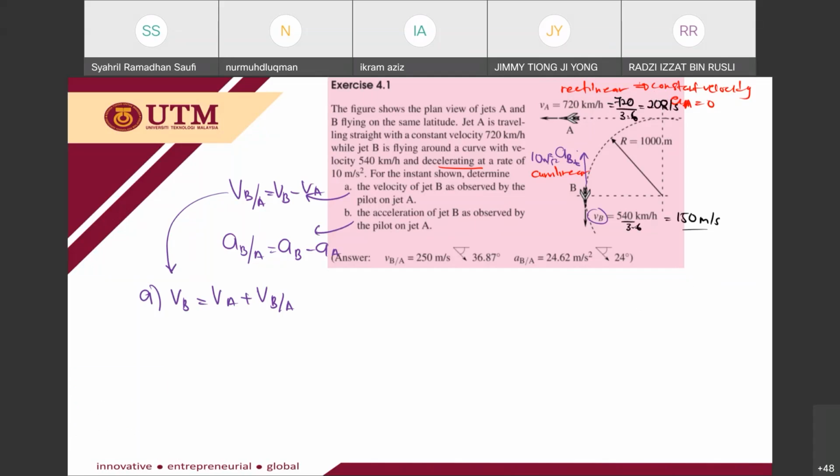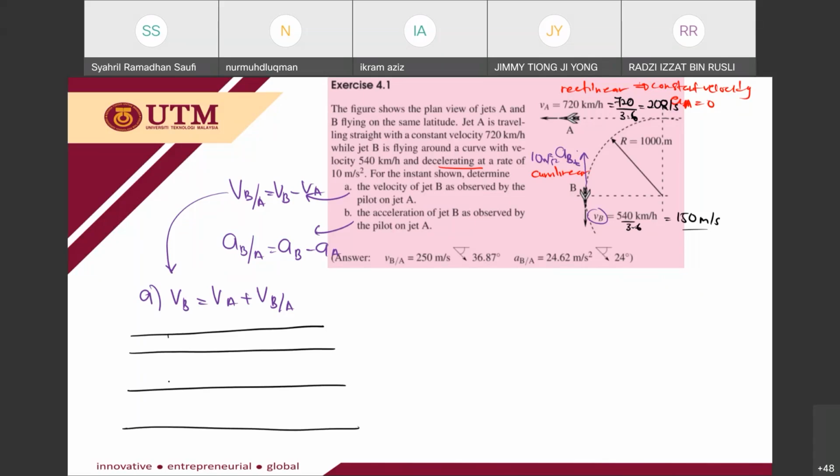Now let's put the information that we have in the table. Here is magnitude and here is direction. So I directly put in the information for VB, VA, and VB.